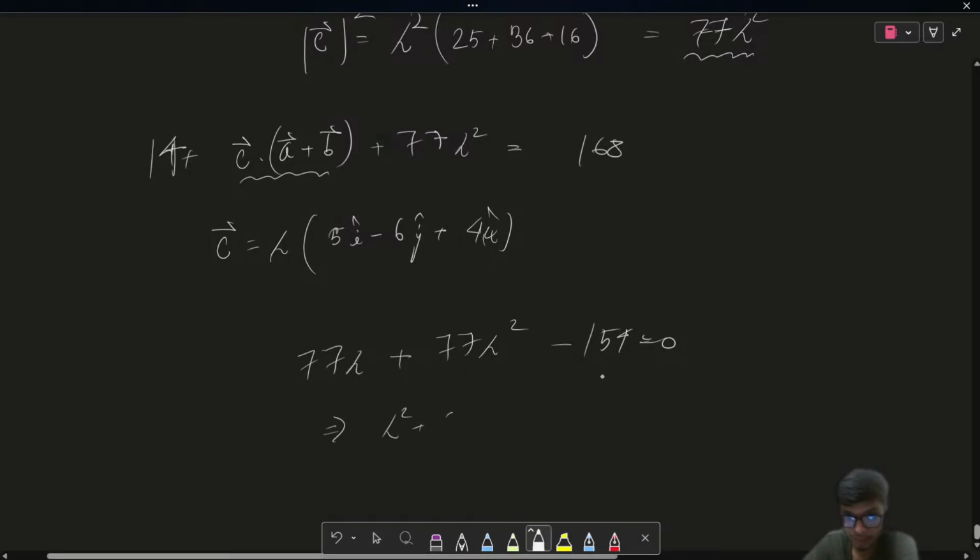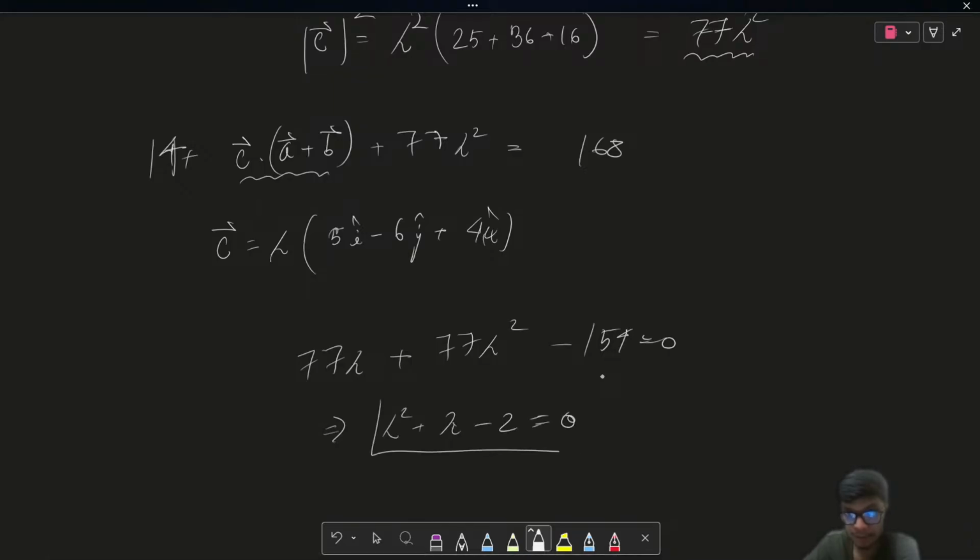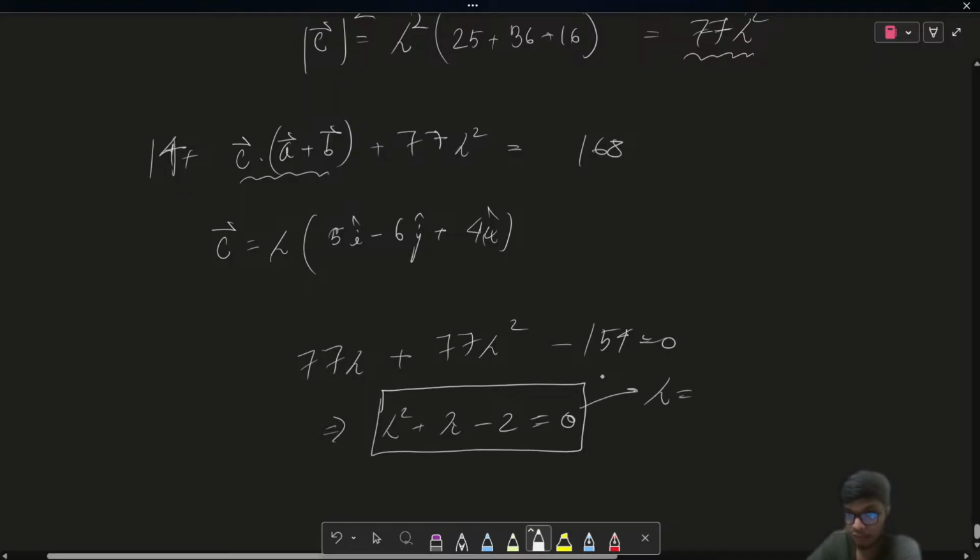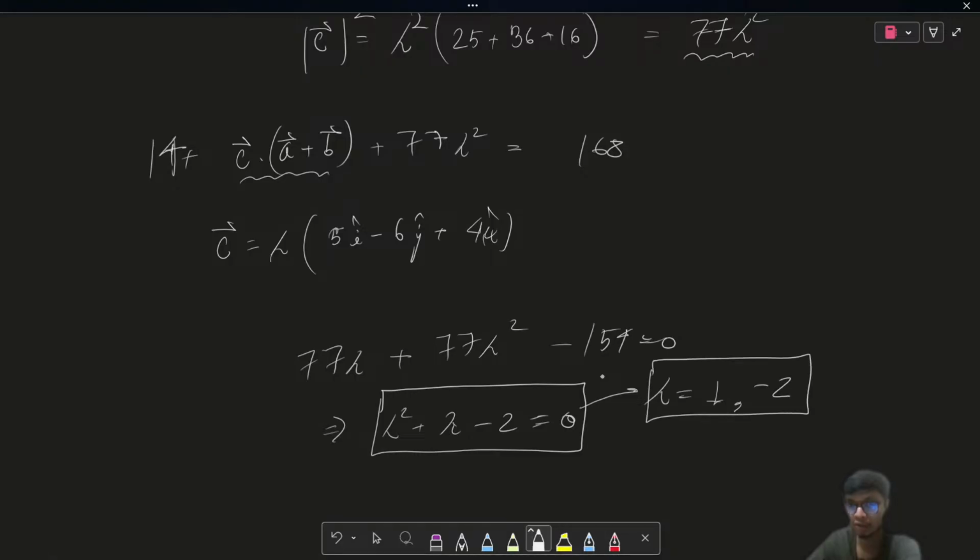So this result will be lambda square plus lambda minus 2 equals 0. This is my final quadratic equation in lambda, which will have two values: either 1 or minus 2.